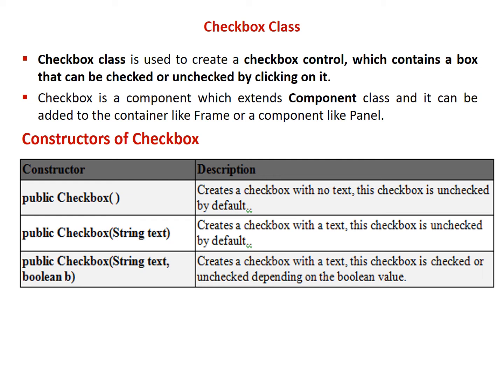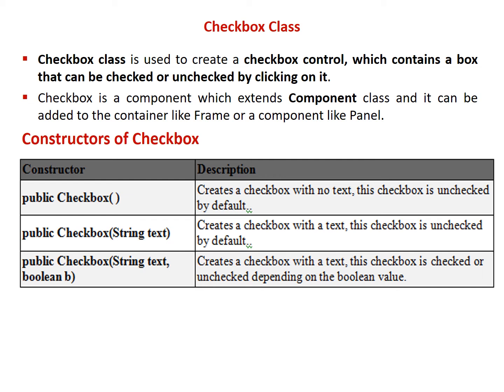The first one is the default constructor without any argument. This will create a checkbox with no text. This checkbox is unchecked by default. Then the next one is the Checkbox with one string parameter. This will create a checkbox with the text and this checkbox is unchecked by default.